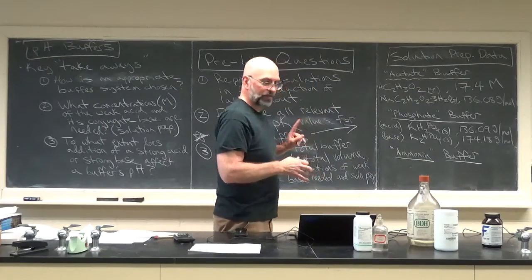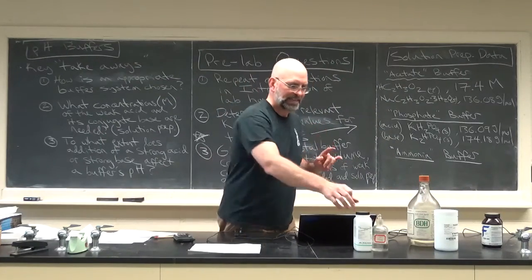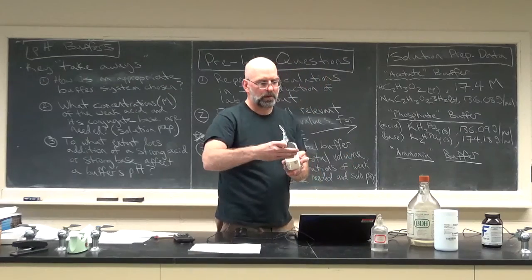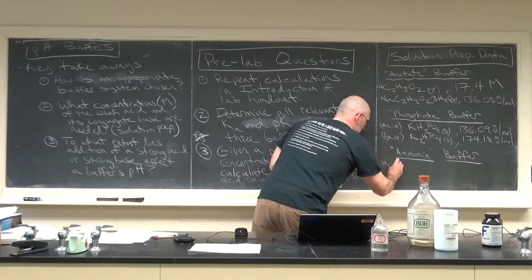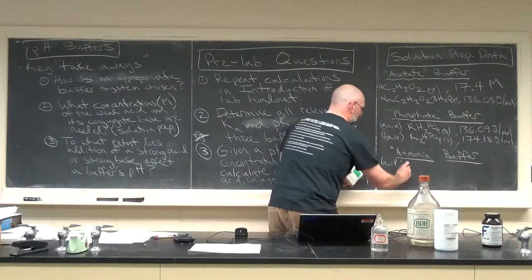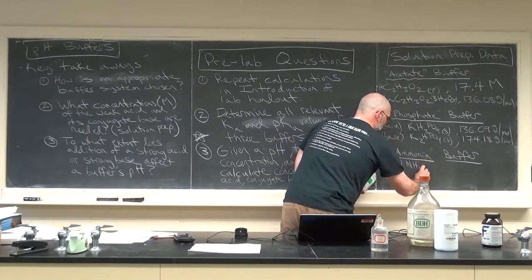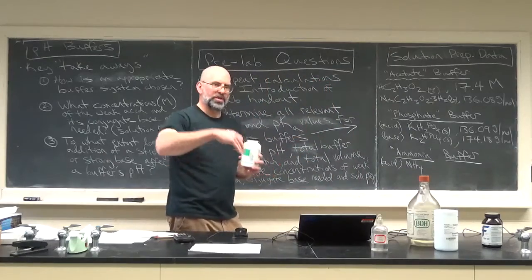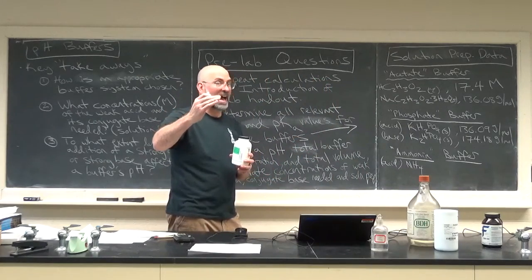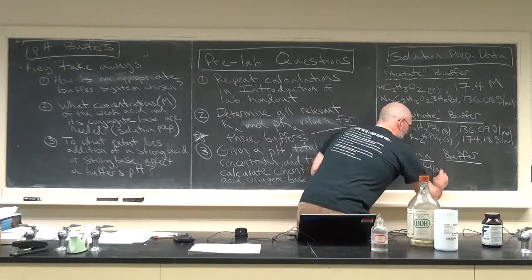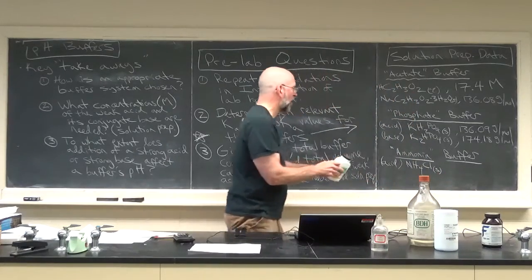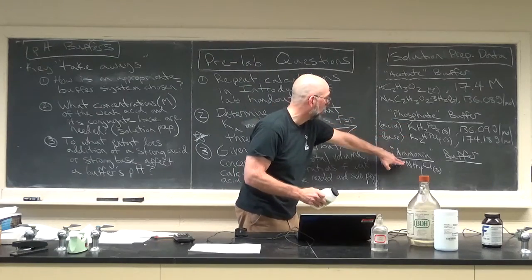The ammonia buffer is a little different because the acid is ammonium, NH4 with a positive charge, is actually going to be our acid. But it's NH4Cl, ammonium chloride, and there's no hydrates here, or here.